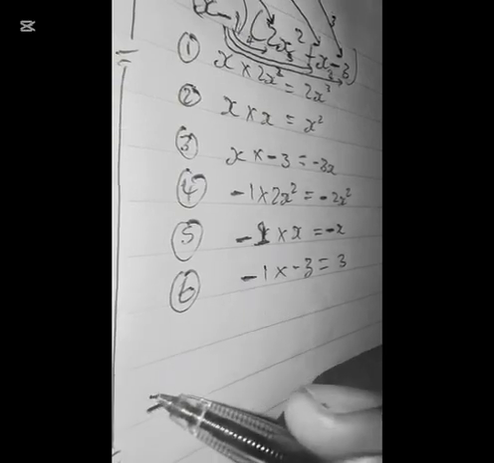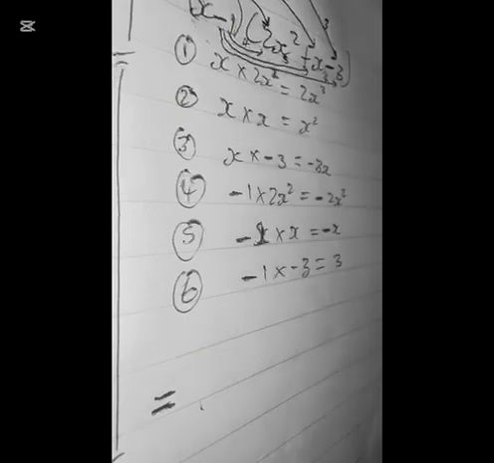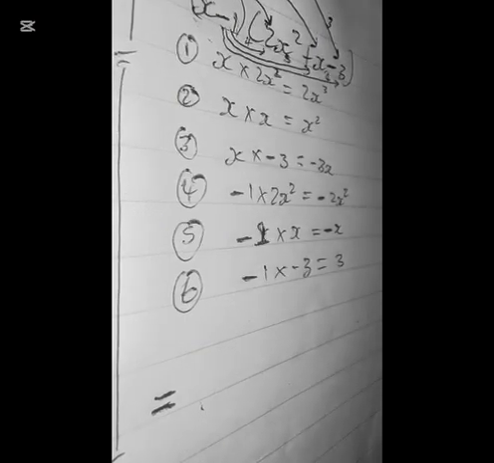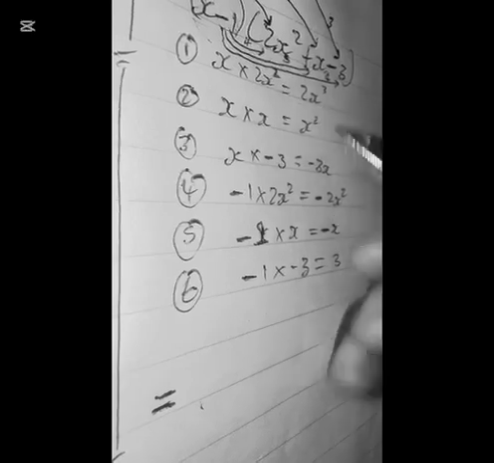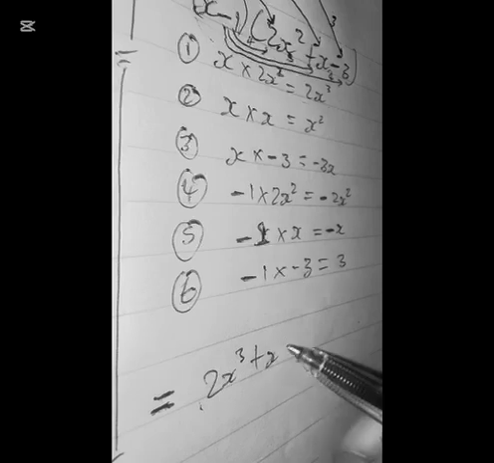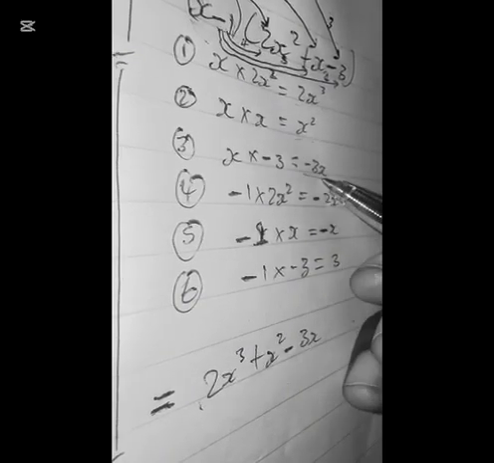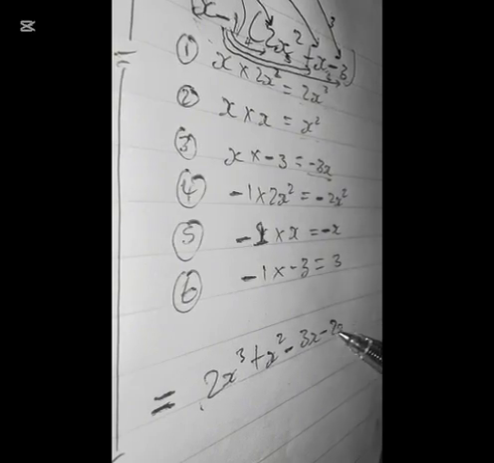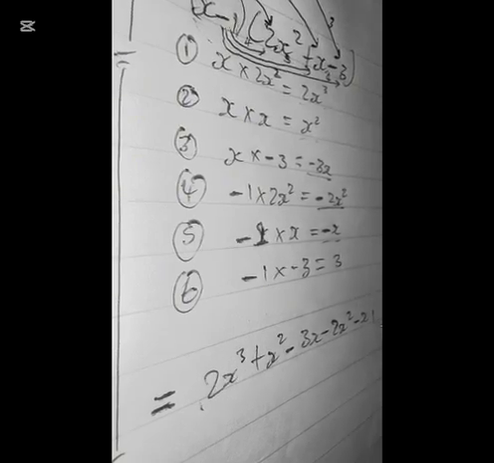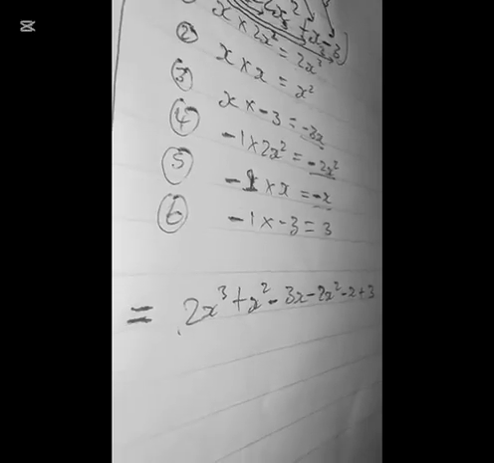Then from there, we put an equal sign. Remember, we write down the expression. The first term is this 2x cubed, plus x squared, this one, minus 3x, this one, minus 2x squared, this one, minus x, this one, plus 3.